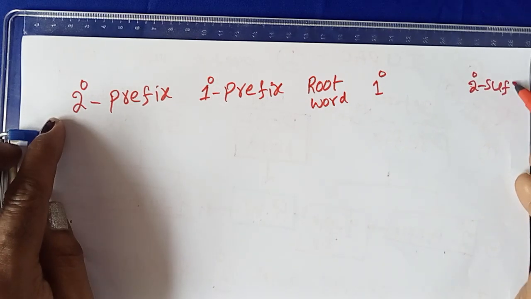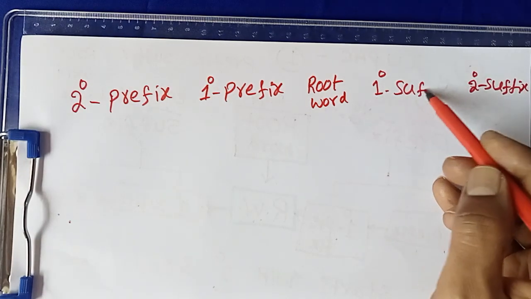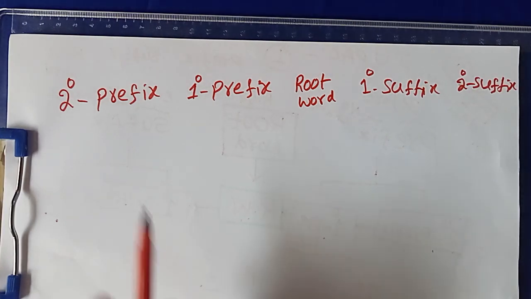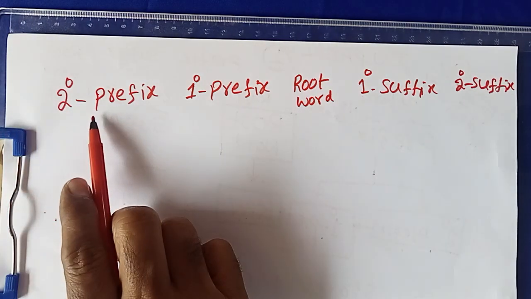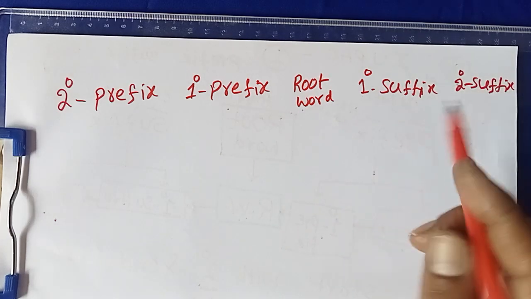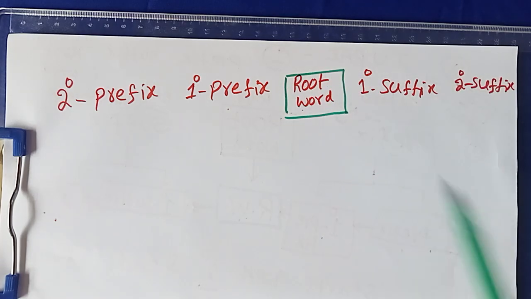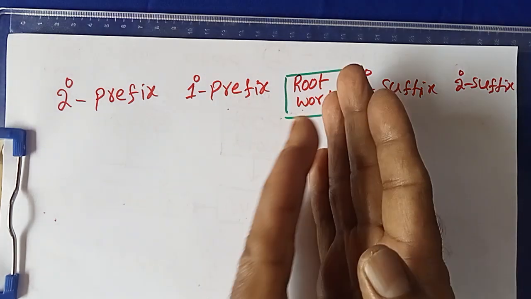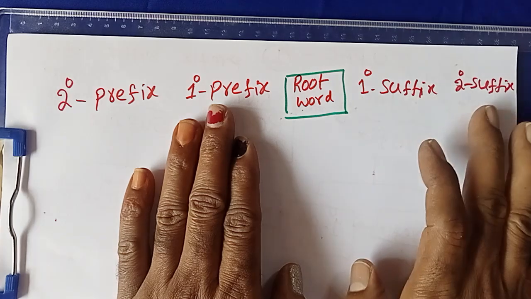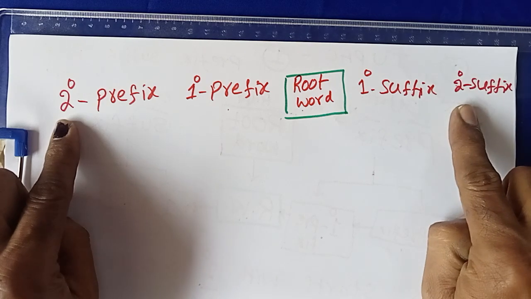So here automatically primary suffix. This is the order: secondary prefix, primary prefix, root word, primary suffix, secondary suffix. Then root word is the middle part. Before the root word both are pre and pre. After the root word suff and suff. Then the trick is: first starting 2 degree, ending also 2 degree. This is trick number 1.